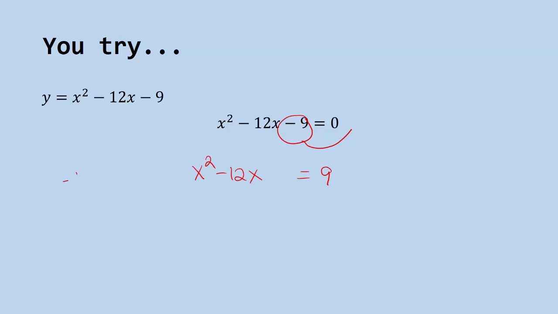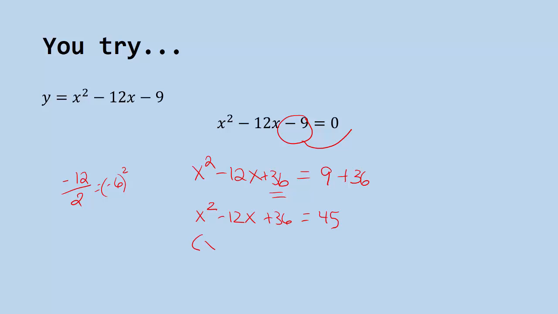So we're going to again take the middle term, negative 12, divided by 2. That's going to get me negative 6. We then square that, and our perfect square is positive 36. But again, what we added to one side, we need to do to the other. So now we have x squared minus 12x plus 36 is equal to 45.